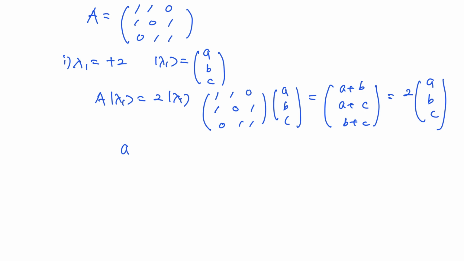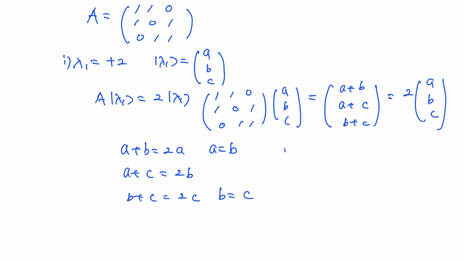So A plus B is equal to 2A. That means A equal to B, right? And second, A plus C is equal to 2B. B plus C is 2C. That means B equal to C, right?